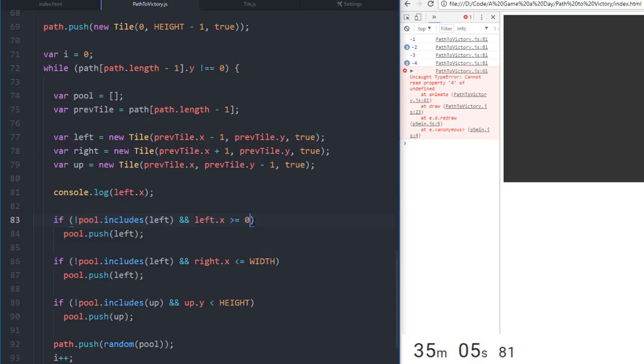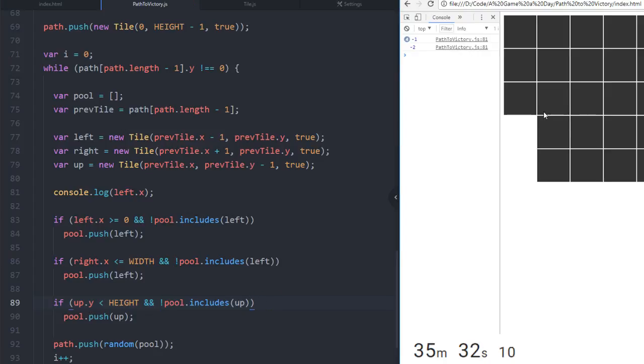I don't understand this. Okay, let's move this in the front. Let's put the and signs there. Let's move this to the front. And signs there. Move this to the front. And signs here. Okay.